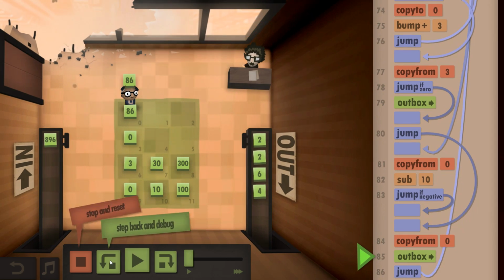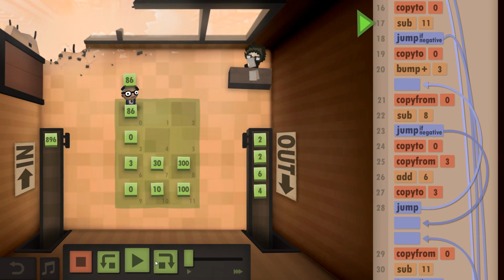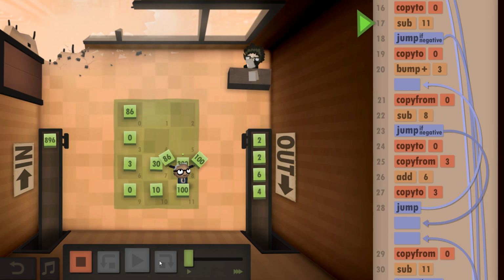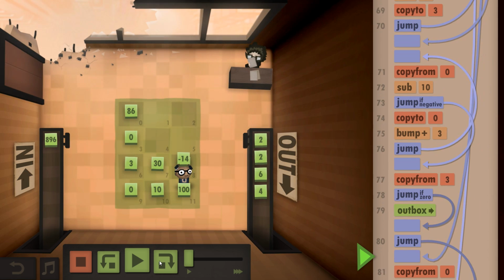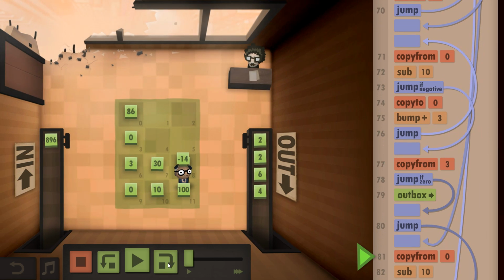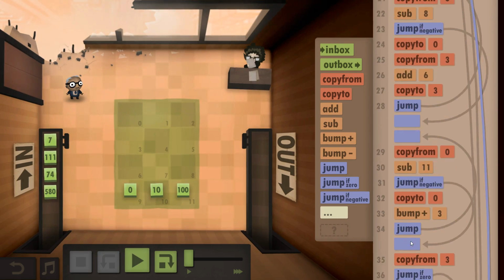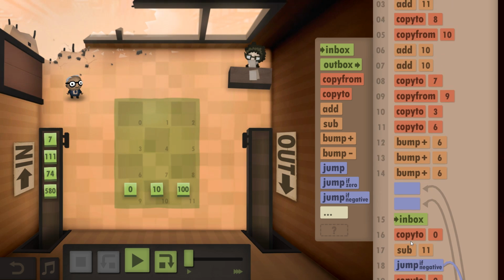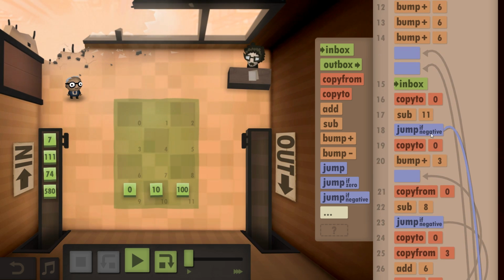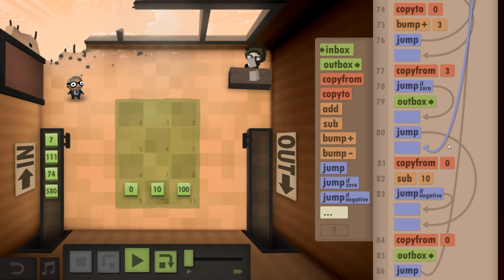Oh, there's a mistake. What happened there? It's negative. Oh, I forgot an entire thing of code here somewhere. No, wait, why does it go all the way down there? What? What happened? Oh yeah, there, in there, there's just nothing.